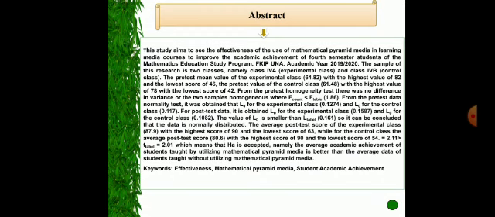T-count is 2.11, greater than T-table, which is 2.01, which means that HA is accepted, namely the average academic achievement of students by utilizing mathematical pyramid media is better than the average data of students without utilizing mathematical pyramid media.